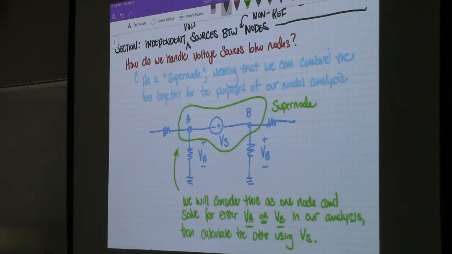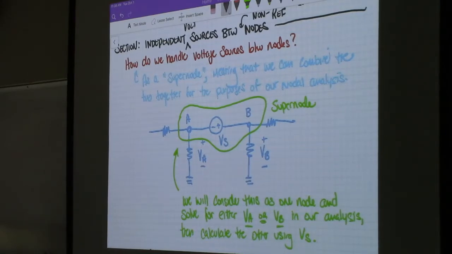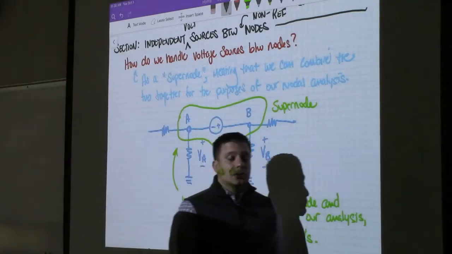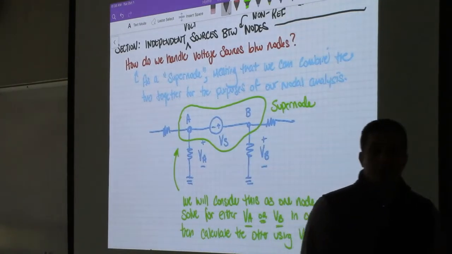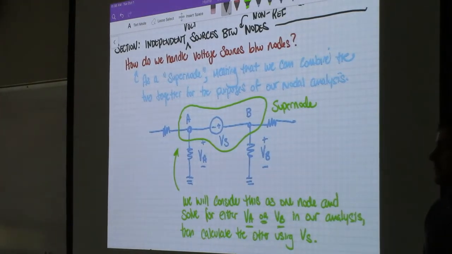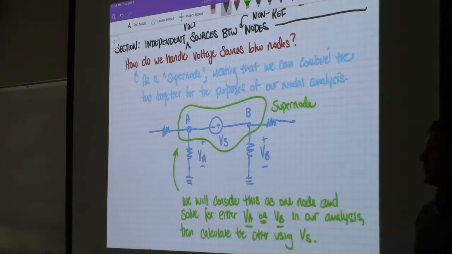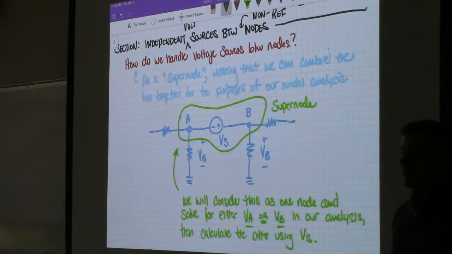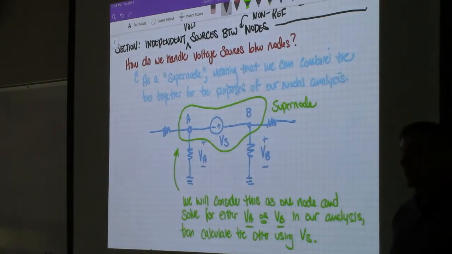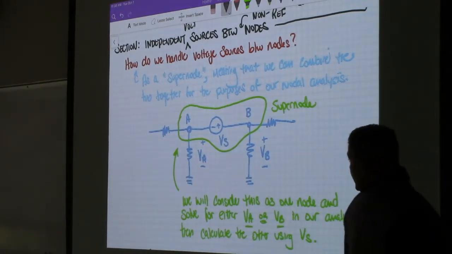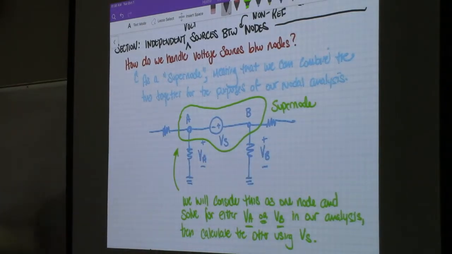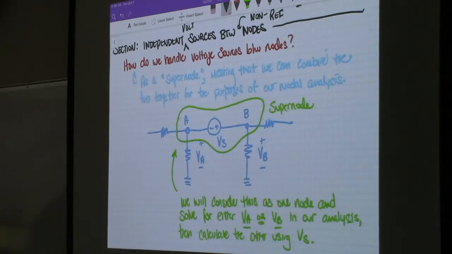So remember that KCL, when we defined it, we said that all the currents flowing into a given node or a given section of the circuit will sum to 0. We haven't used the second variation of the definition. We've mostly just been considering a single node. However, if you look at what's right here, all of these currents should sum to 0.